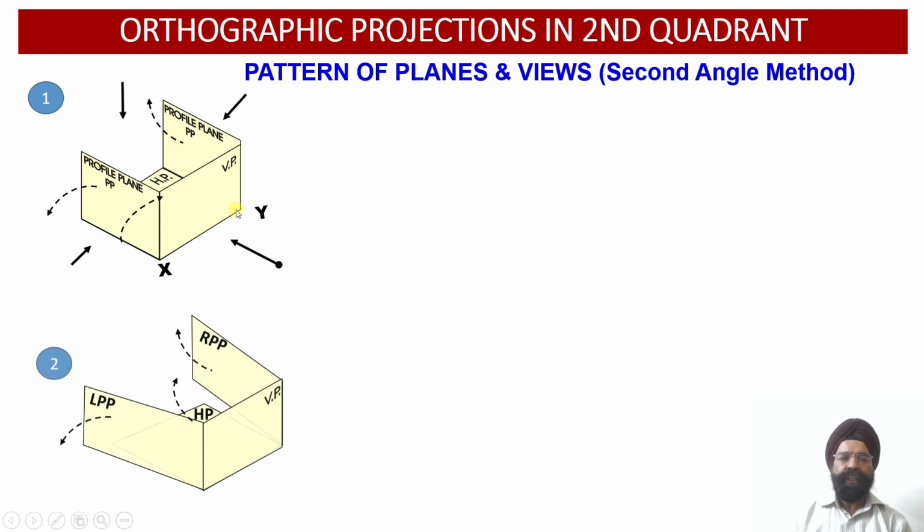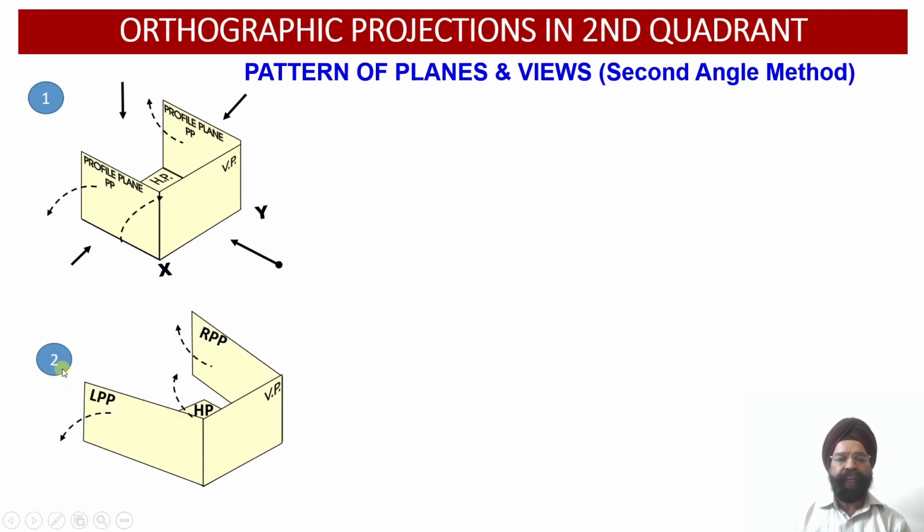So as we open out these three planes of projection, we observe that the horizontal plane is moving upwards or in the clockwise direction, the left side profile plane is moving towards the left side, and the right profile plane is moving towards the right hand direction over here.